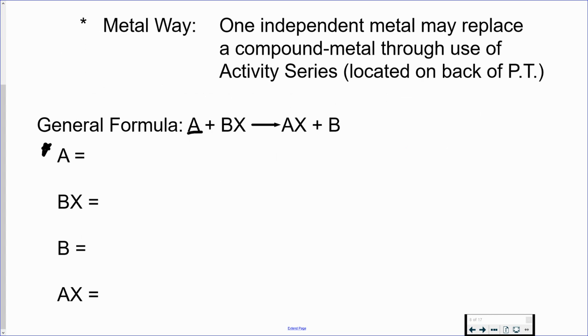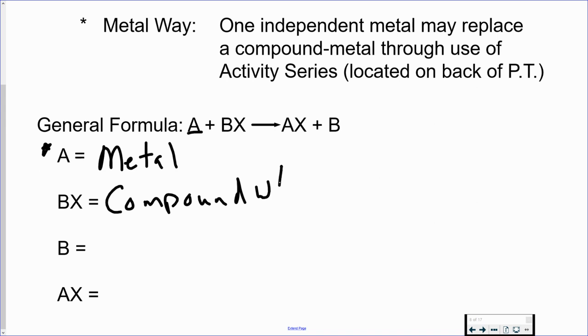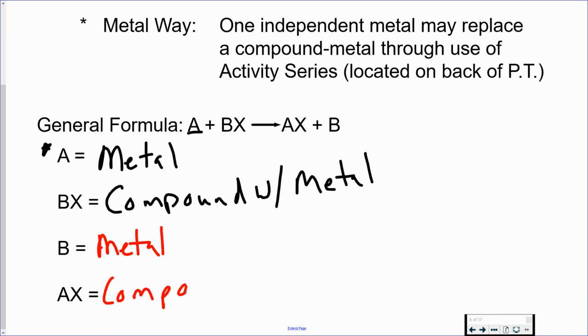So the main thing that we need to keep in mind is that A is going to be any kind of metal. B is going to be a compound with metal. And that's going to then end up going to the other metal and a compound with a metal.